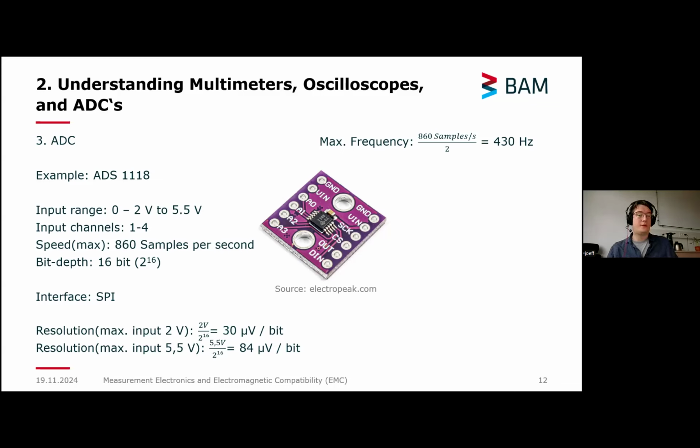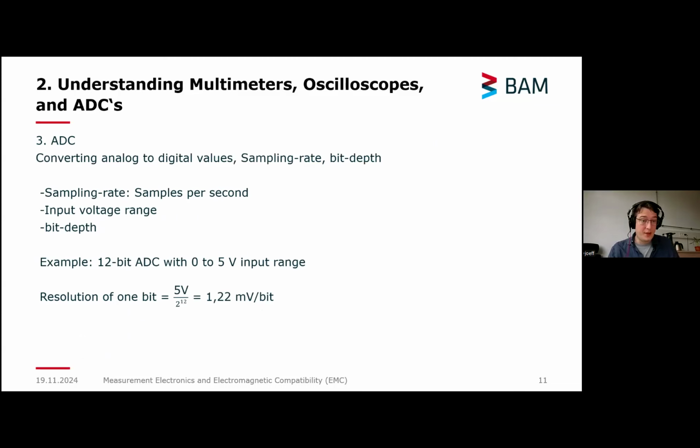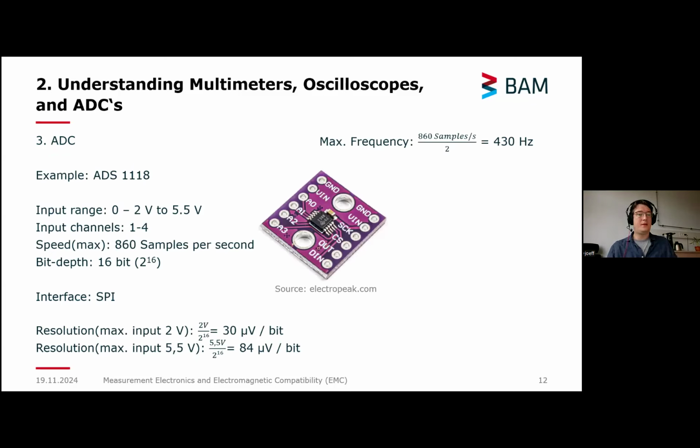So, the input range, let's compare them. If the second one would have a maximum input range of 5 volts, like this one, and this one is 12-bit, the tiniest resolution would be bigger than that of the 16-bit analog digital converter.